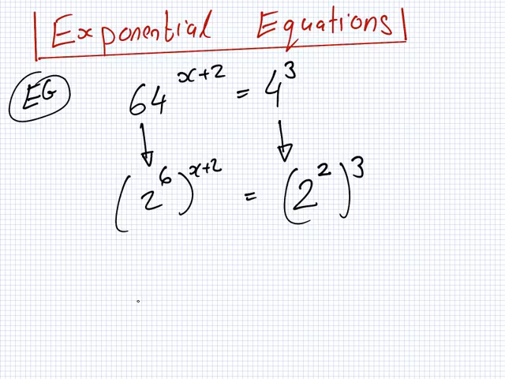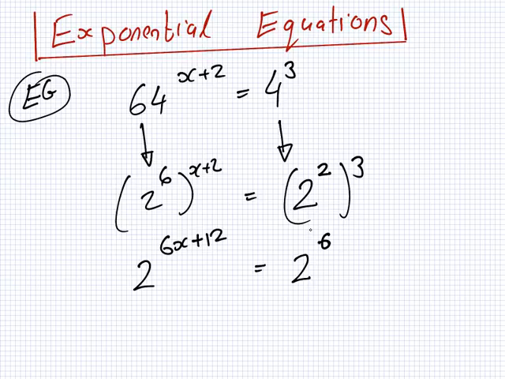Okay, is that okay so far? Now we can use rule 3 of the powers. This is equal to 2 power 6x plus 12, and this is equal to 2 power 6. Is it okay? Are you sure?